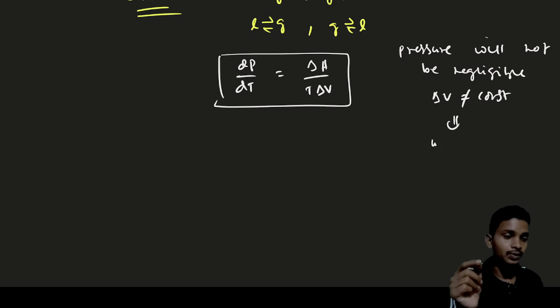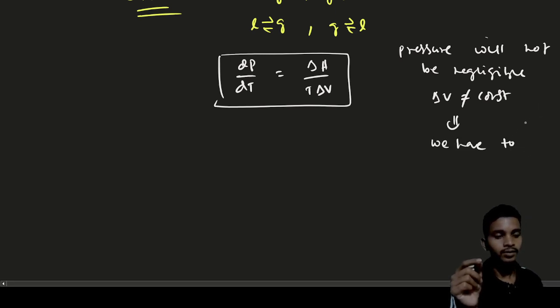If ΔV is not constant, then we have to take approximations. For this case, we have to take approximations.